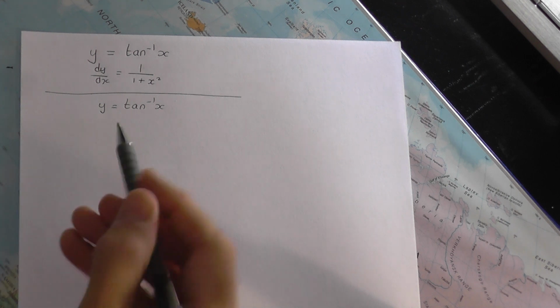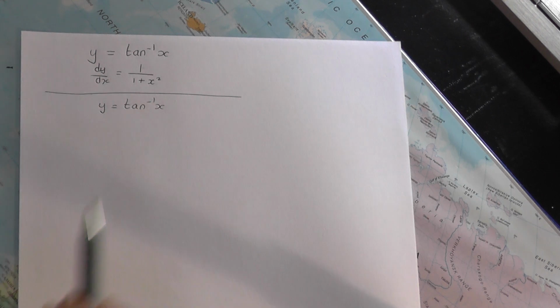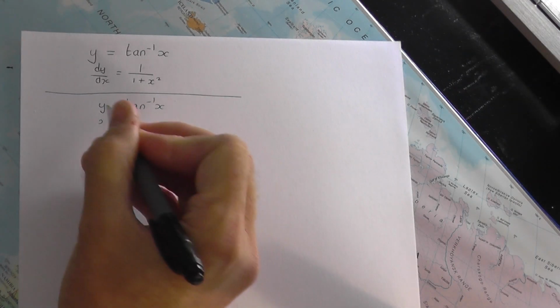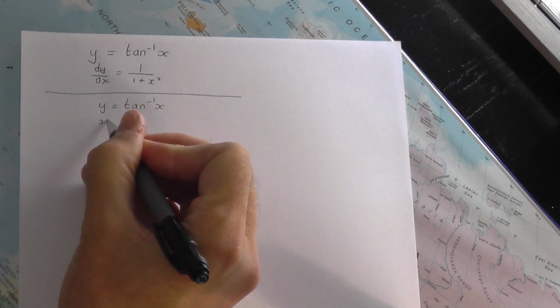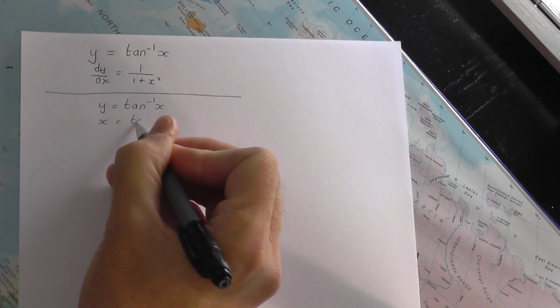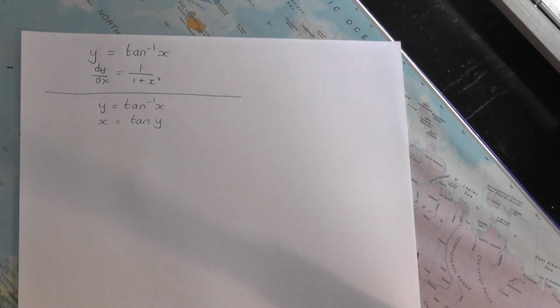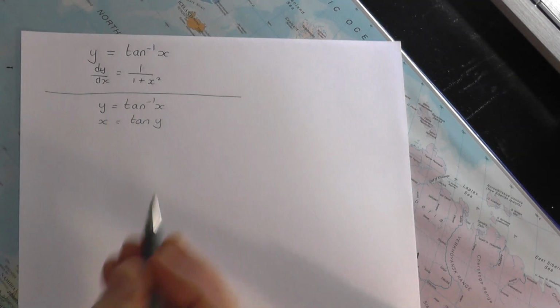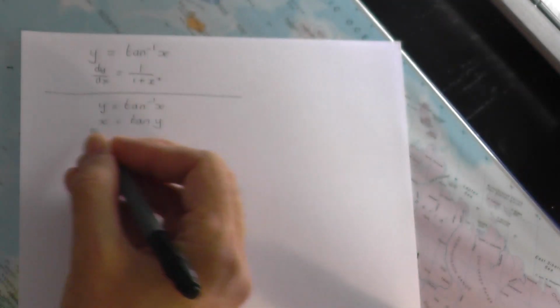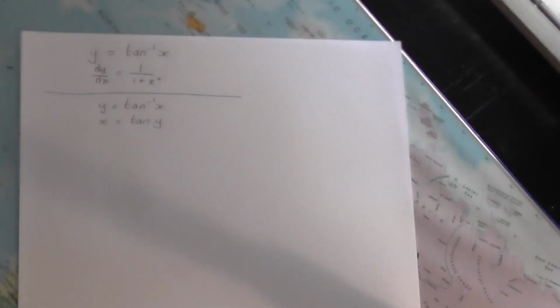What they ask you to do is to rewrite that without the inverse tan function in it. In other words, if y is tan to the minus 1 of x, then x is equal to tan of y. That is a true statement. If you're not sure about this, think about a statement that you know from your lower school work.